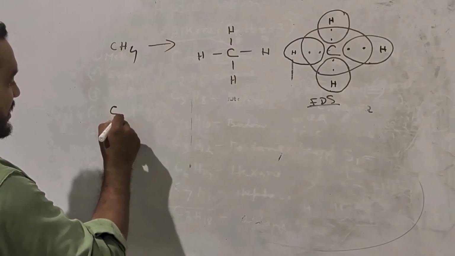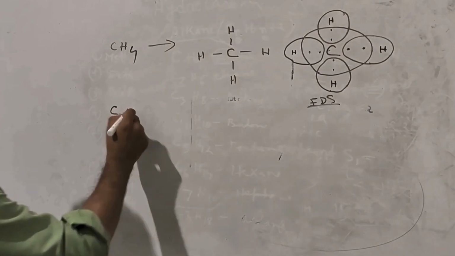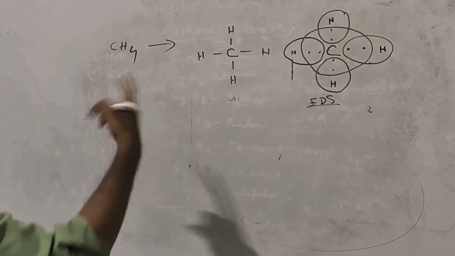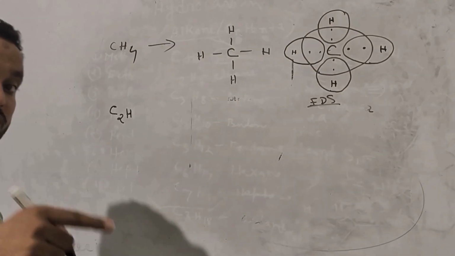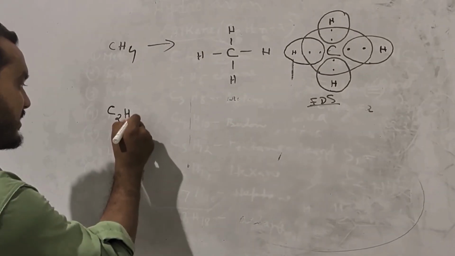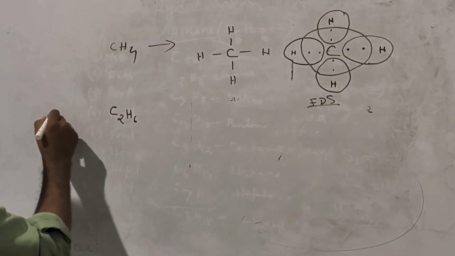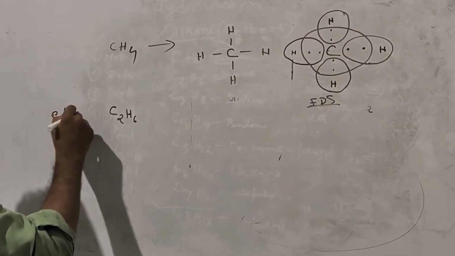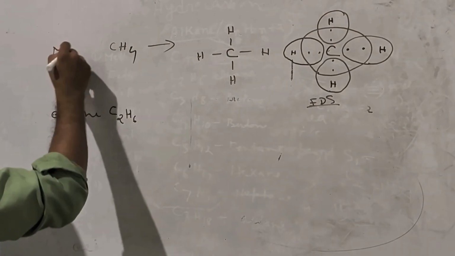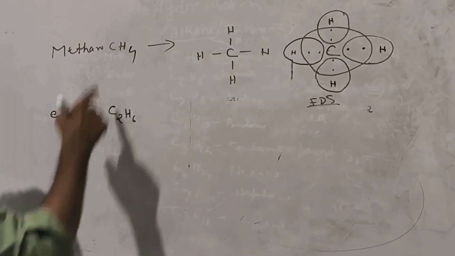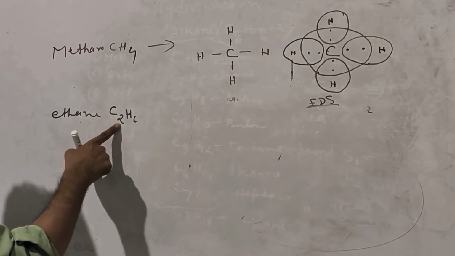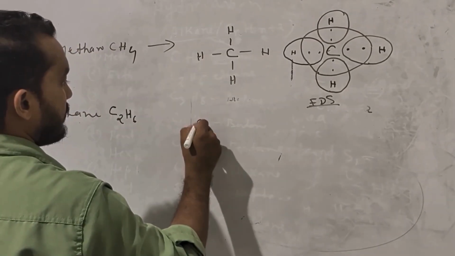Now let's check it for the ethane formula. C2, make the carbon double, 4, then plus 2, 6. That means C2H6. This is the formula of ethane. Earlier it was methane. How many carbons are there? 2. You just place 2 carbons like that.